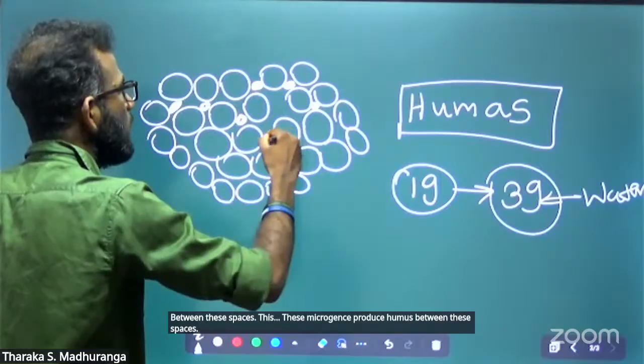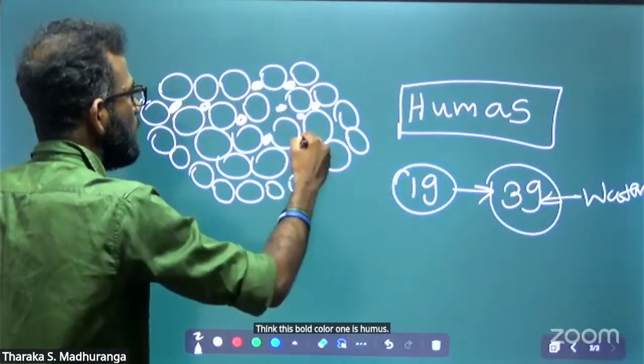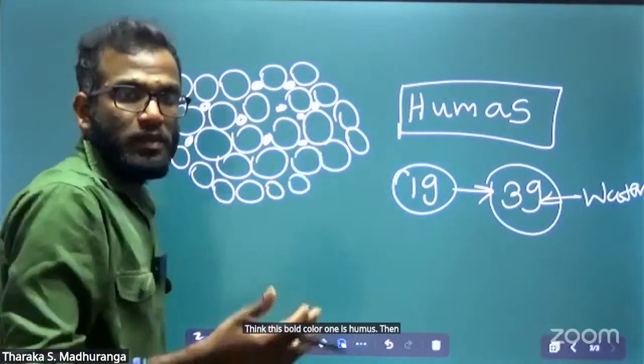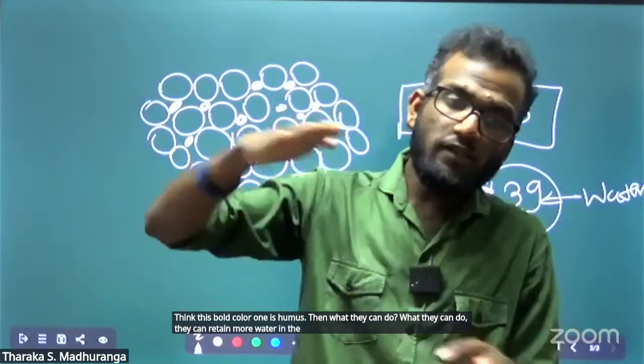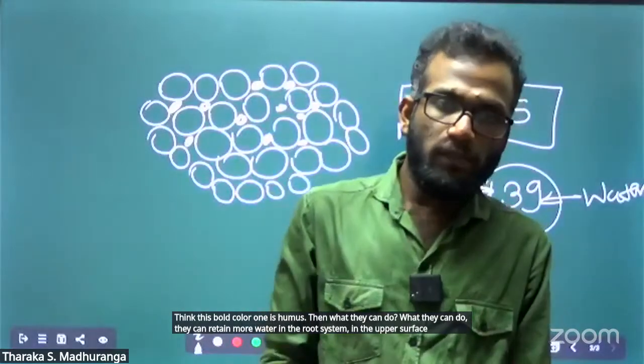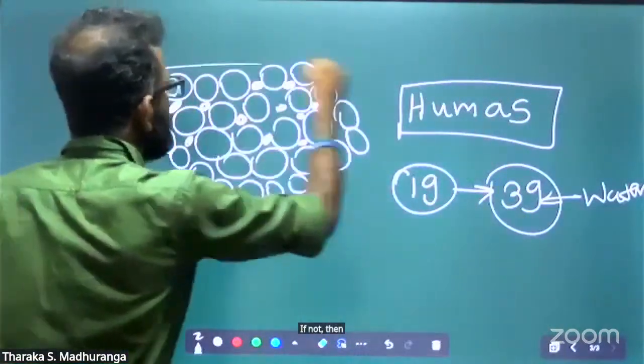Think this bold color one is humus. Then what can they do? They can retain more water in the root system, in the upper surface of the soil. Think this is the upper surface of the soil.